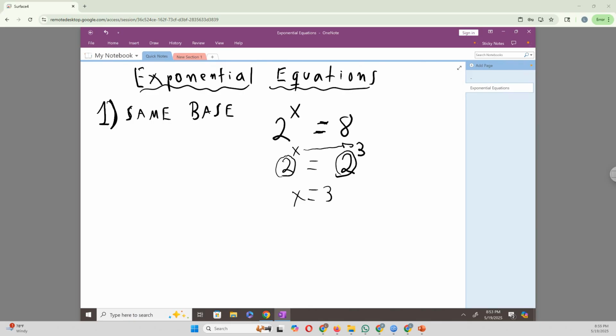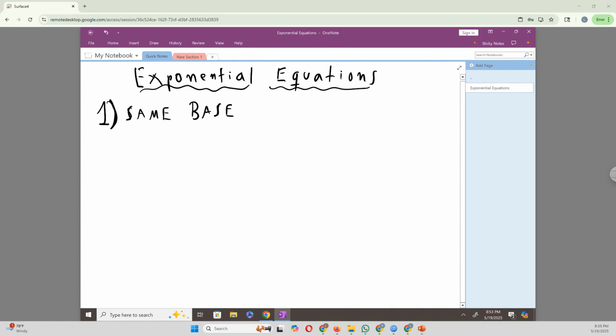We can solve a second example, in which we have this. We can write 3 to the power of 2x equals 27 to the power of x minus 4.